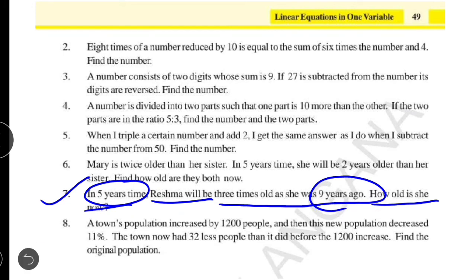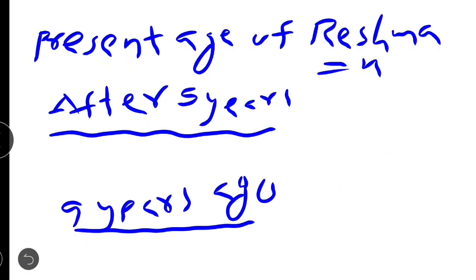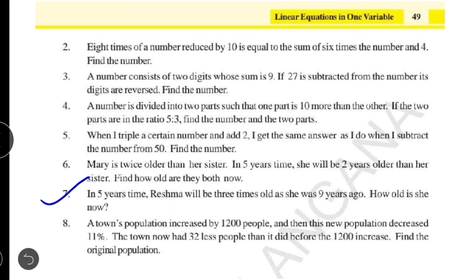So let's take the present age of Reshma as x years. See here, after 5 years Reshma's age will become x plus 5. 9 years ago Reshma's age was x minus 9. Now, Reshma will be 3 times as old after 5 years as she was 9 years ago.